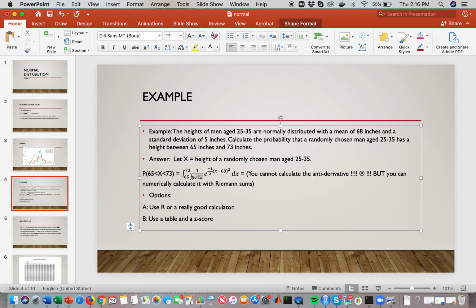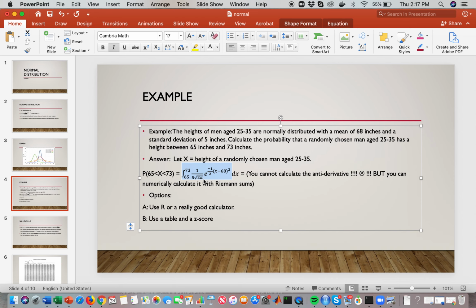This density function right here doesn't have a known antiderivative. You can't find its antiderivative. U substitution doesn't work. Integration by parts doesn't work. So good luck. But notice we're being asked to calculate area, the area from 65 to 73 under the curve. So I can still calculate what this represents.